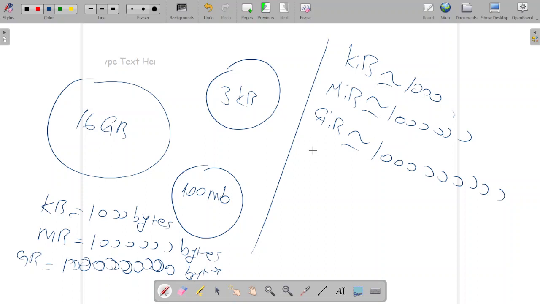So how might you use this kind of thing? If I say that I'm going to give you a movie that has a file size of 3.4 gigabytes, and I ask you to copy as many of that movie as you can onto a 16 gigabyte flash drive.